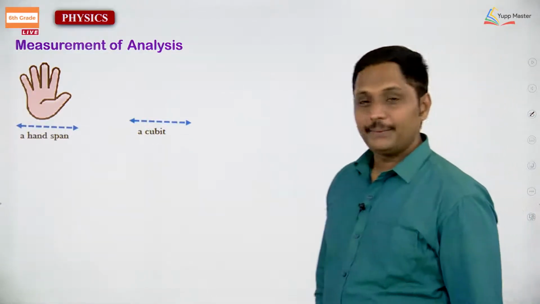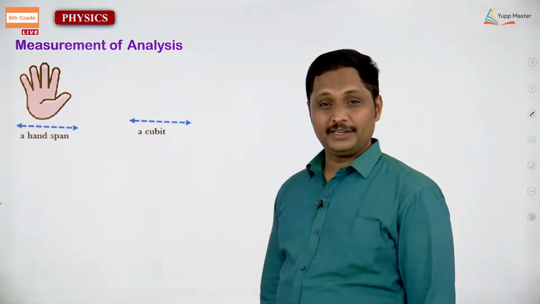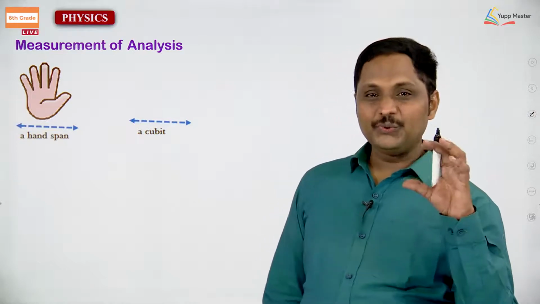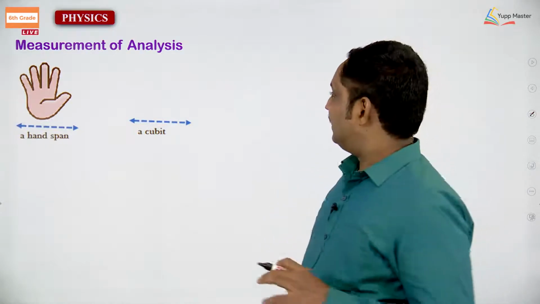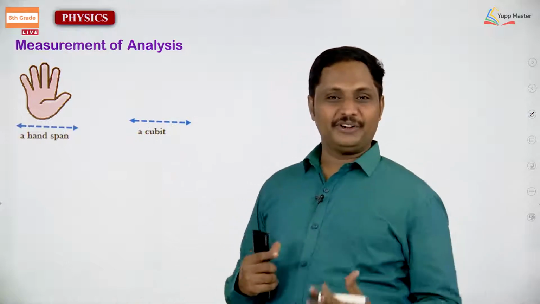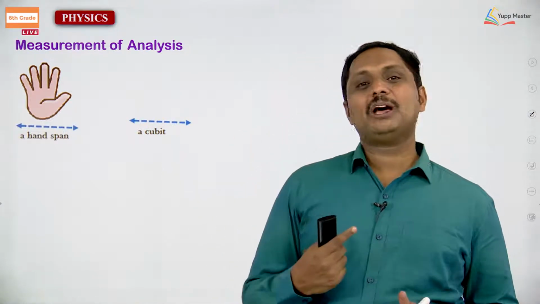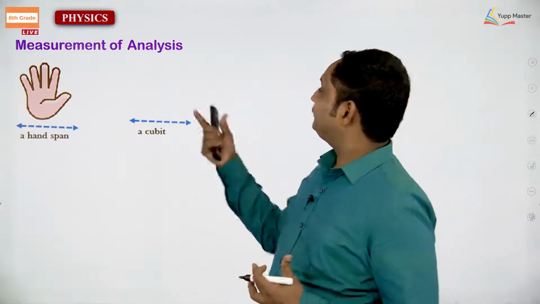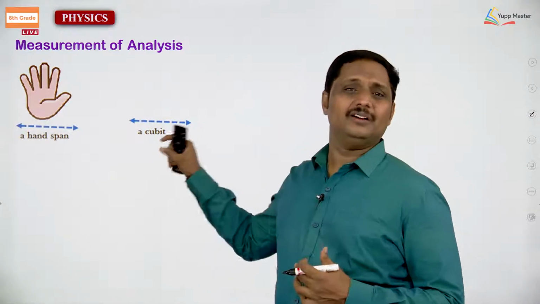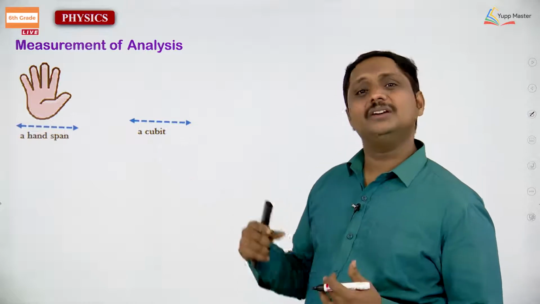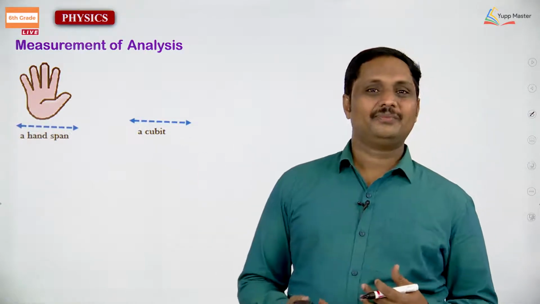Yes, hand span and cubit. You are going to use different organs just for measurement purposes. In olden days, people used different organs to convey measurements in the traditional system, right?